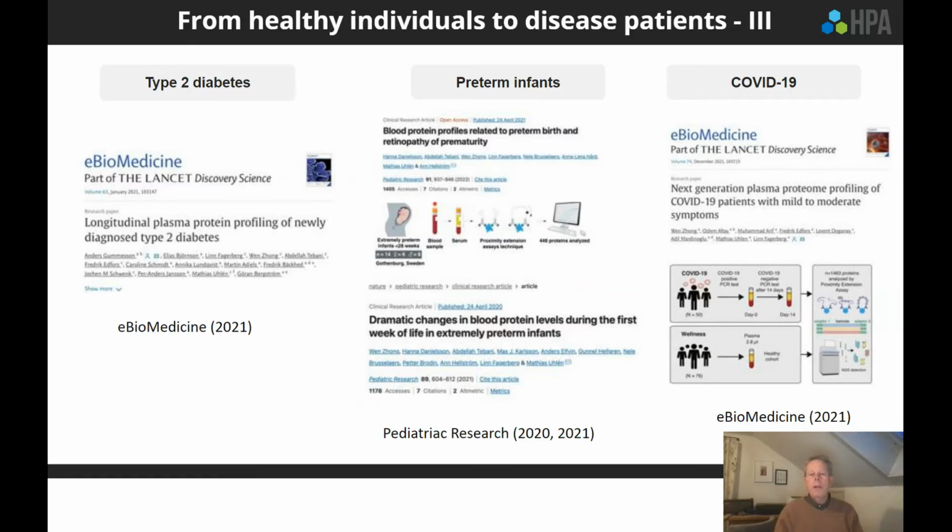Then we moved on and we looked in different diseases. And this has been published, so I'm not going to go into it, but we looked at type 2 diabetes patients, published in 2021. We looked at preterm infants with a couple of papers in Pediatric Research. And we also, of course, looked at COVID-19 patients, which was published in 2021.